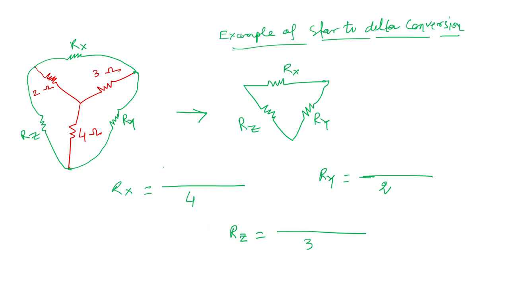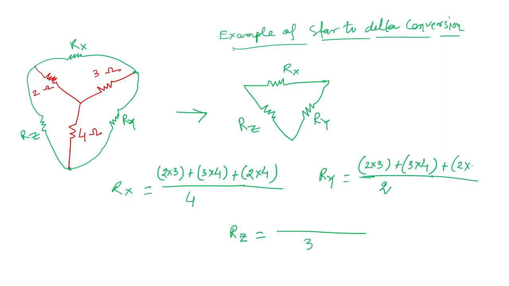Okay, and in the numerator I will write the multiplication of all those three: 2 into 3 plus 3 into 4 plus 2 into 4. Similarly here also 2 into 3 plus 3 into 4 plus 2 into 4.